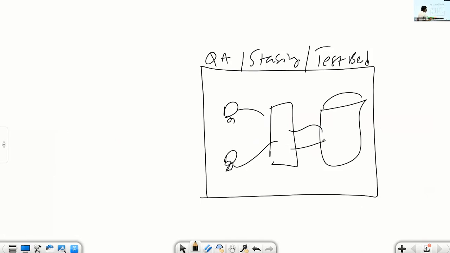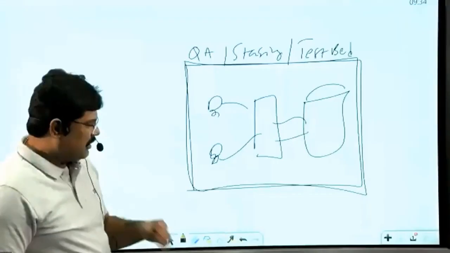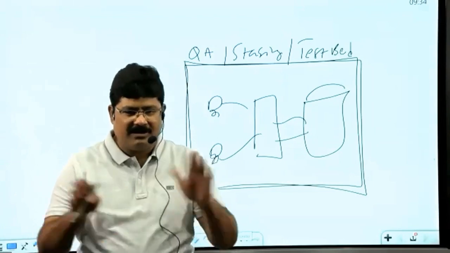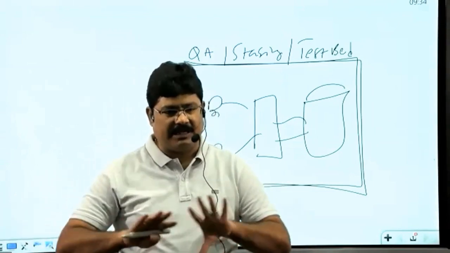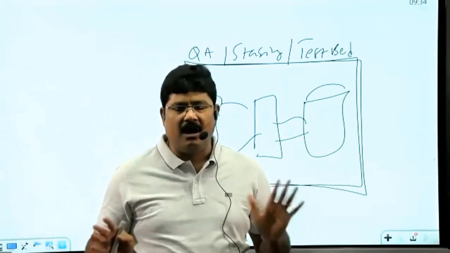Before I conduct testing on this test bed, the QA environment, first we need to check whether the application is in a testable condition or not. Does the application deploy properly to continue further testing or not? That is called smoke testing or sanity testing. Test bed, staging, QA, is nothing but the environment where the project is deployed for testing purposes. They use the word test bed, which is nothing but test setup. Test bed, QA, staging, all have the same meaning.